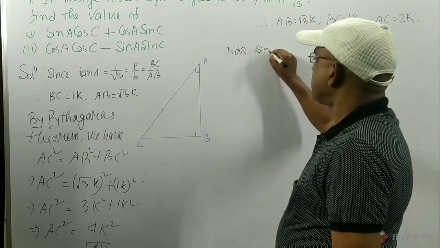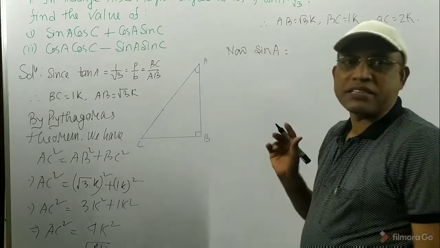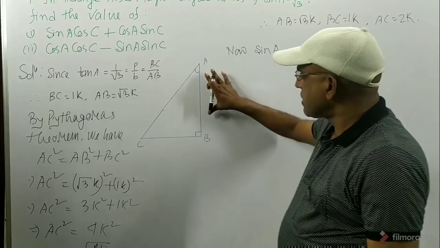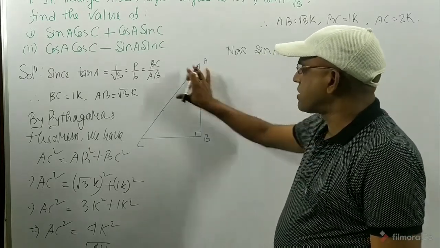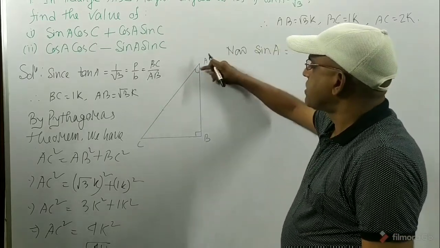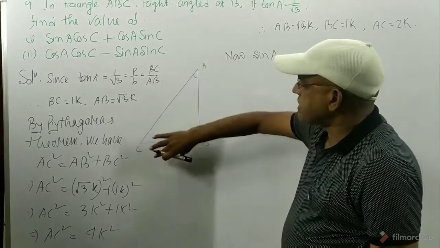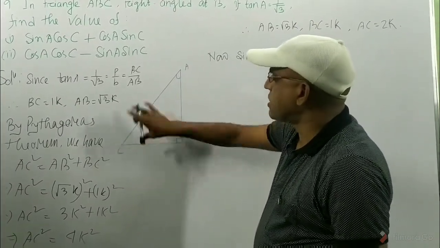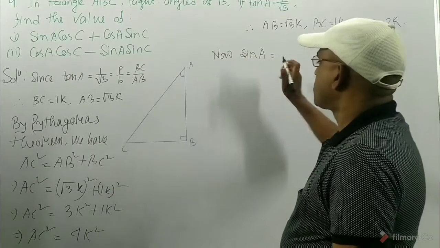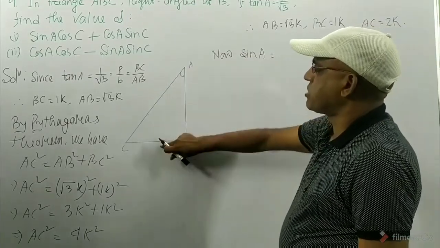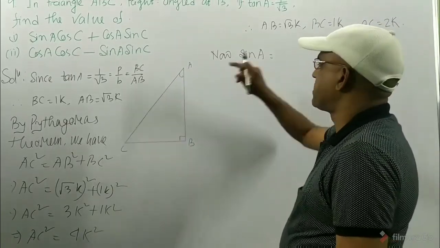Sin A means perpendicular by hypotenuse. For angle A, this is our perpendicular, this is the hypotenuse, and this is the base.